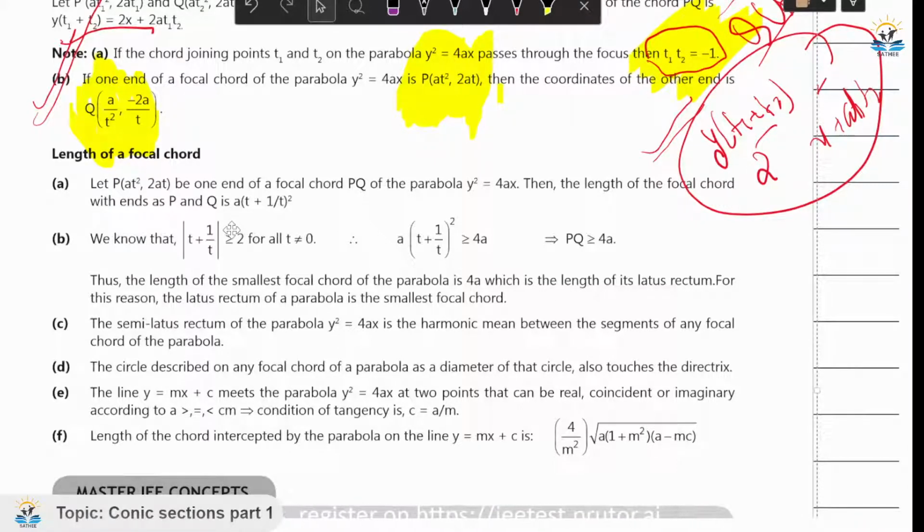We know that t plus 1 by t is always greater than or equal to 2 for all t not equal to 0. Then a (t plus 1 by t) whole square would always be greater than or equal to 4a. That is really easy to understand. Then PQ is always greater than or equal to 4a.